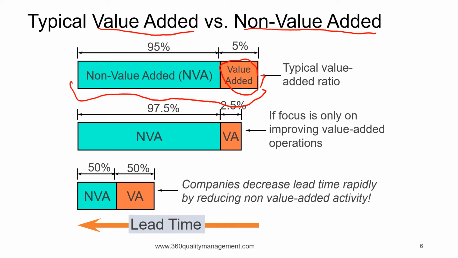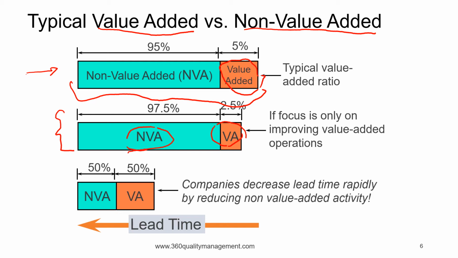This is a typical value-added ratio for most companies, and some have an even worse ratio, with over 97 or 99% non-value added, and value-added activity could account for less than 1%. This is especially so for manufacturing businesses when we map out the value stream in the manufacturing process.